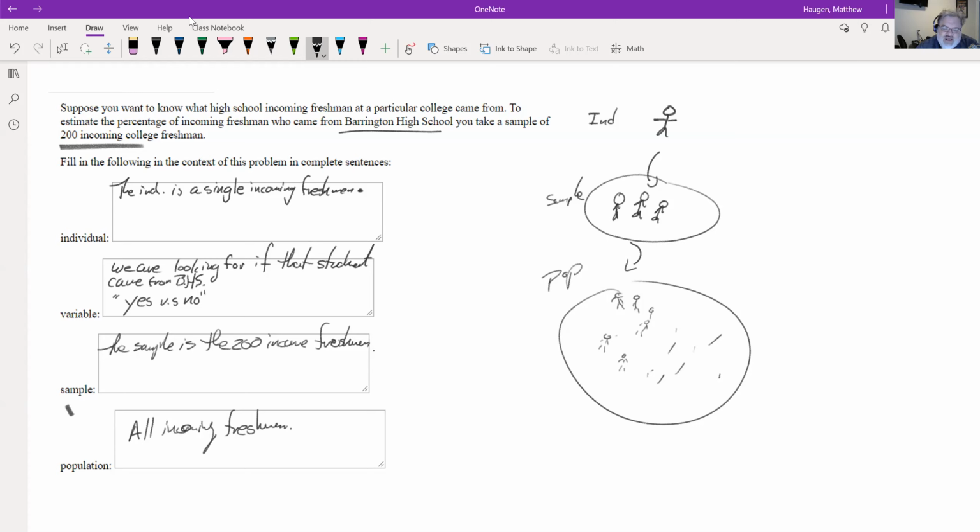One of the things that happened a lot that you might want to look for is a lot of folks had the same statement for the individual as they did for the population. So the individuals make up all of the incoming freshmen, but the individual is a particular incoming freshman, as opposed to all incoming freshmen as a group.